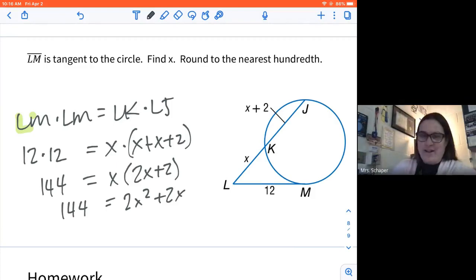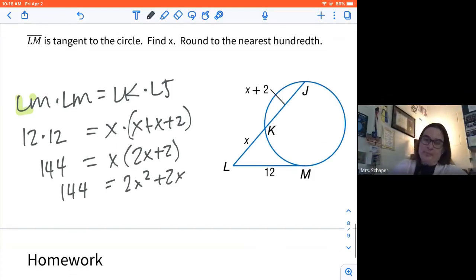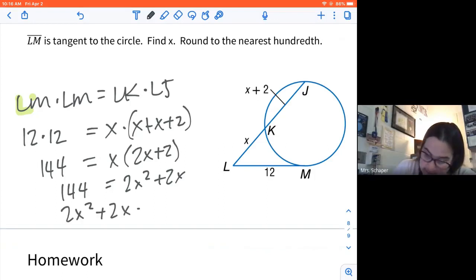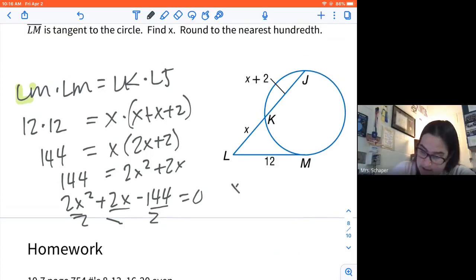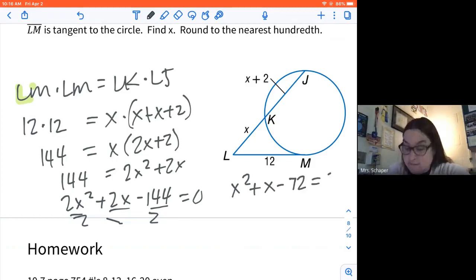Now we get to solve the quadratic, right? So now we've got 2X squared plus 2X minus 144 equals 0. I'm going to divide everything by 2. So I'm going to have X squared plus X minus 72 equals 0. This one's factorable. I always like to factor if I can.